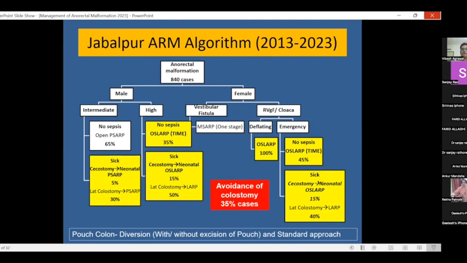Similarly, in high anorectal malformation, almost 50% of patients undergo OSLAR by either of the two techniques which I mentioned before. Almost 100% of deflating cloaca we do with OSLAR, one-stage laparoscopic anorectoplasty, without doing a colostomy. But in emergency, still 40% of our patients require colostomy, while the other 60% of patients undergo one-stage anorectoplasty.